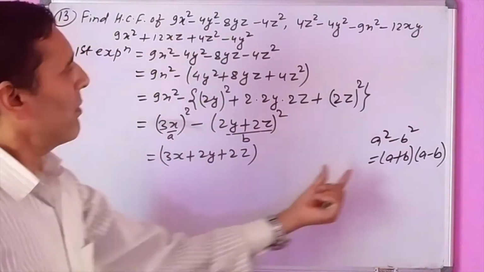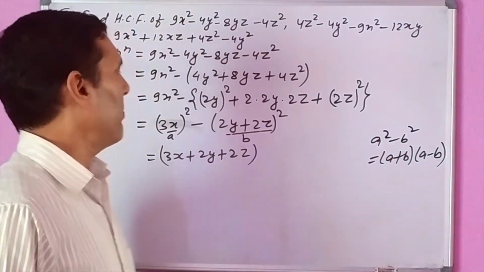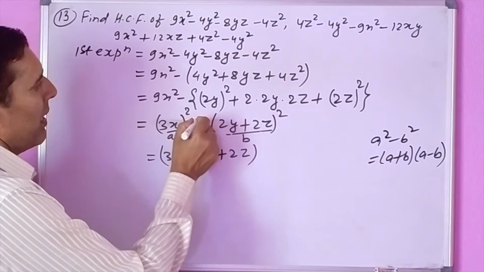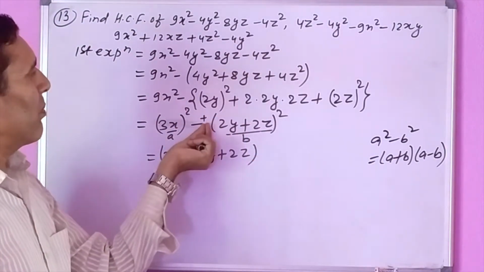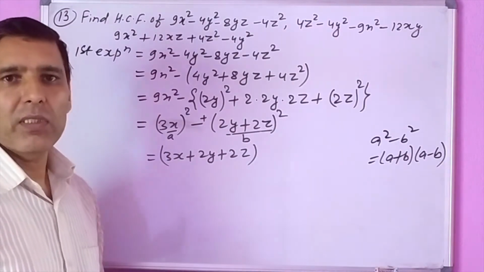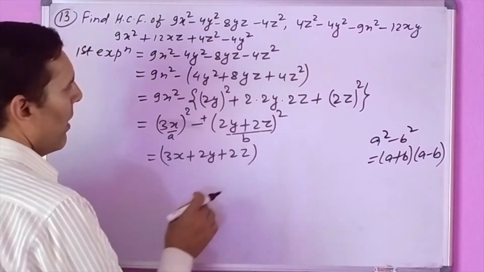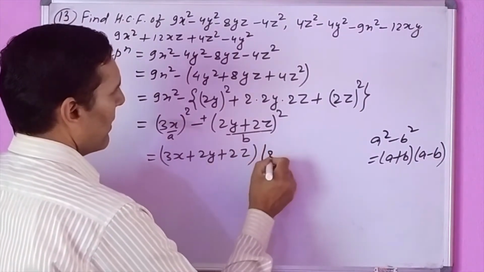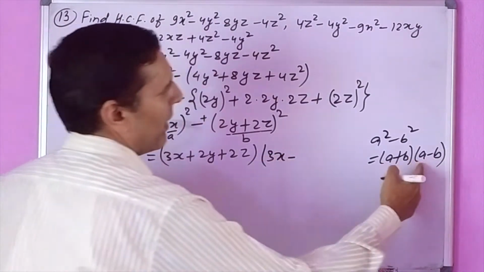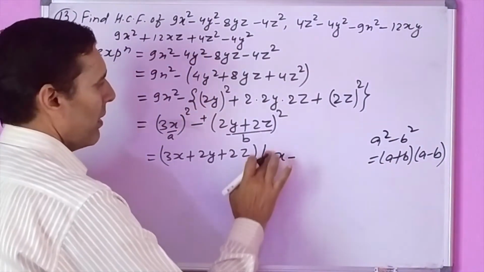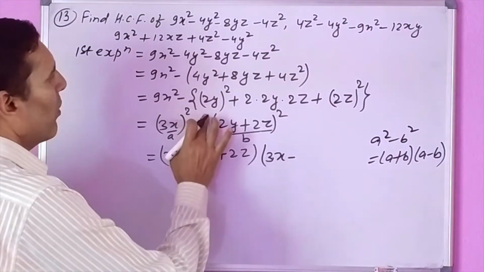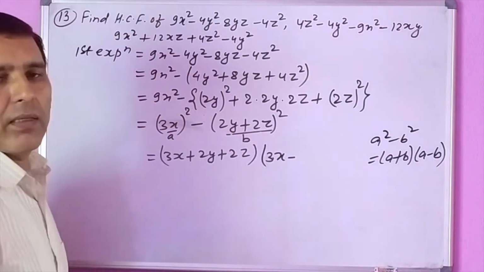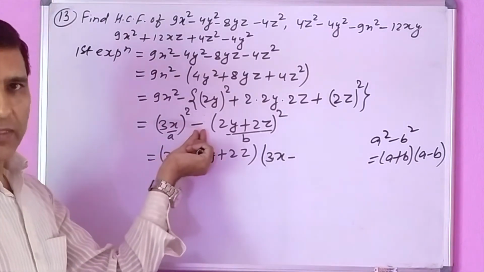When you open the bracket with the plus sign, there is no change in the sign. But while writing a minus b, it is 3x minus, because a is 3x only. So while writing a minus b, we have to open this bracket with the minus sign.